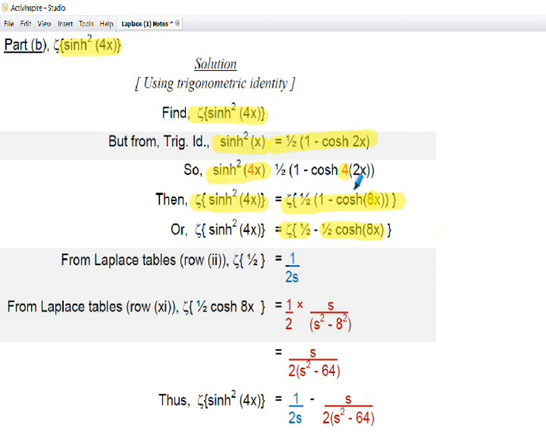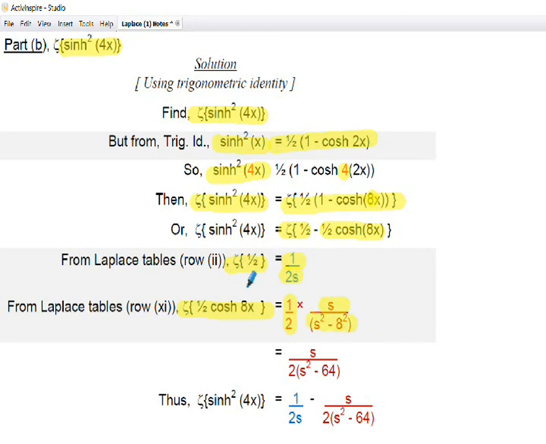Again, going to my Laplace transform table, the Laplace of the first term, a half, is a standard form. It's k upon s, and the k in this case is a half, so it becomes 1 upon 2s. And then looking in my tables for a half cos 8x, that will use a standard transform of s over s squared plus a squared, and I'm multiplying it by the half here, so it's a half times s over s squared plus 8 squared in this particular case.